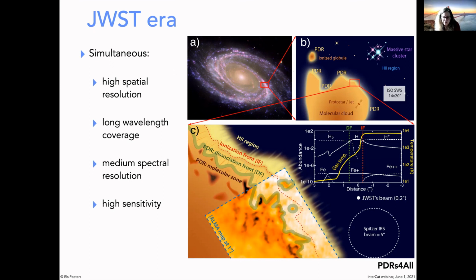With Spitzer, all of these different regions are basically in a single pixel and are all mixed together. The beam for JWST is shown as well. And so with JWST, if your source is nearby and edge on, you can actually probe the different stratifications individually and then figure out how the PAH emission changes and what the underlying processes are.